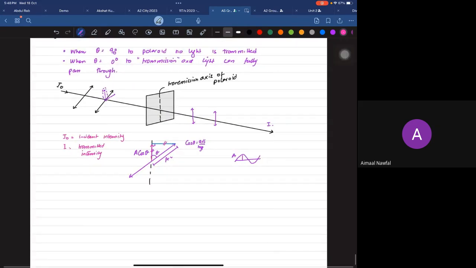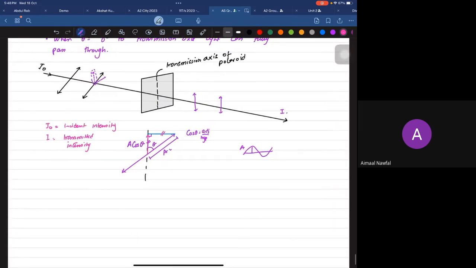Good. Now, in the intensity topic, we learned that intensity is proportional to amplitude squared, and I gave you the formula I1 over I2 equals A1 squared over A2 squared. You agree?